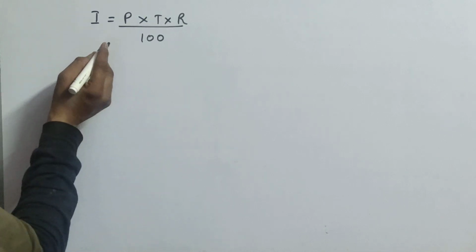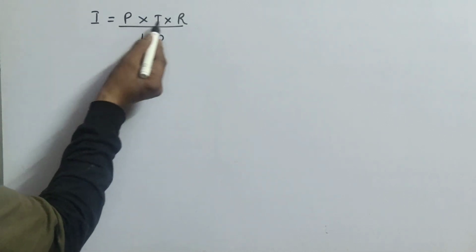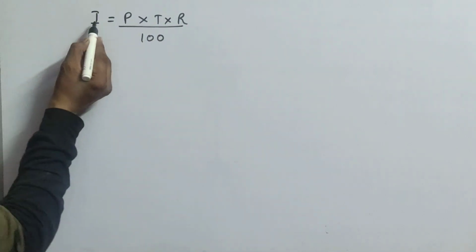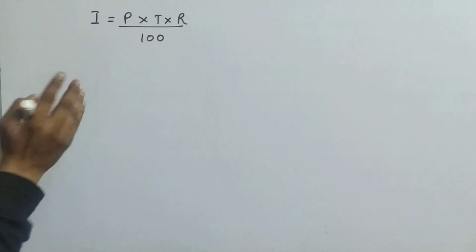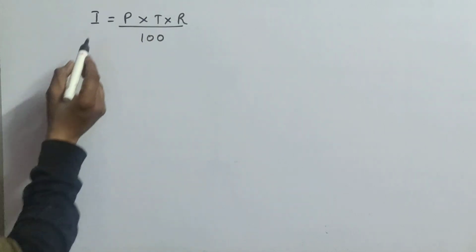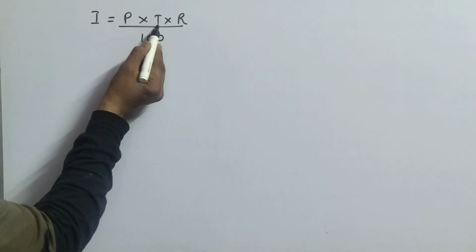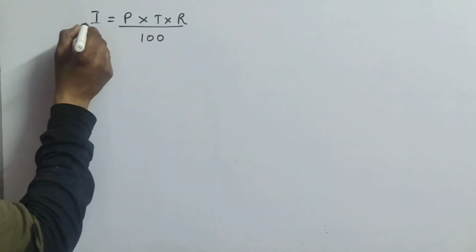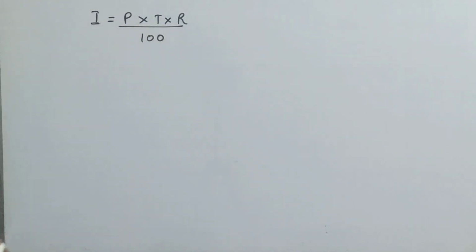And we have 3 more formulas based on this, so 4 are there. If P is given principal, time is given, rate of interest is given, then you can find interest very easily with the PTR by 100 formula.